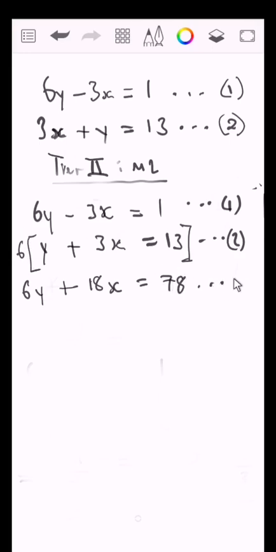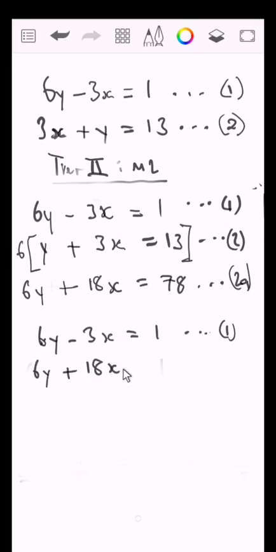And this is equation 2a. Now rewriting our equations, we are saying 6y minus 3x is equal to 1, equation 1, and 6y plus 18x is equal to 78, which is equation 2a.